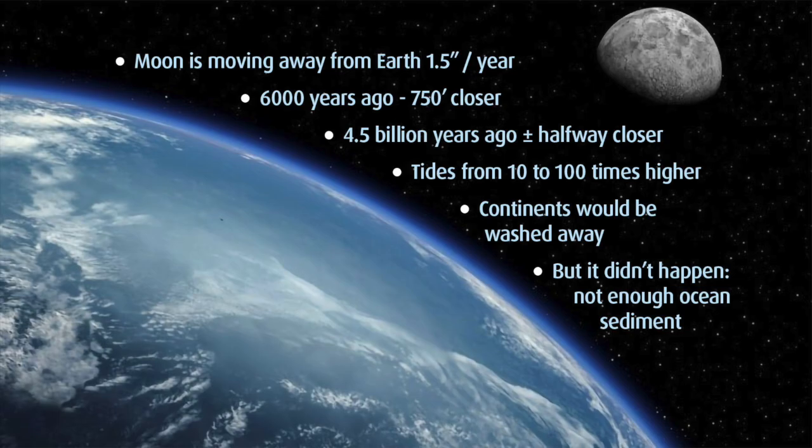And not only that, there would have been really massive tectonic instability that would have basically destroyed the Earth. So the moon is known to be leaving at a set rate, and we can figure out that it can't have been that much closer than it is now. Otherwise, things would not appear as they do on the Earth.